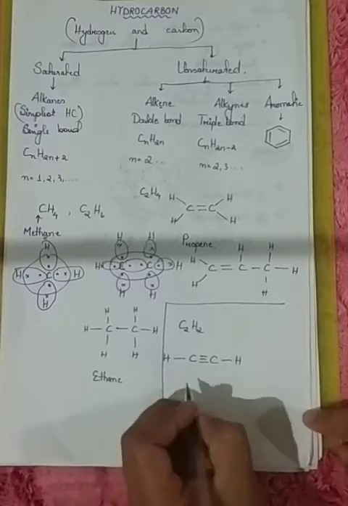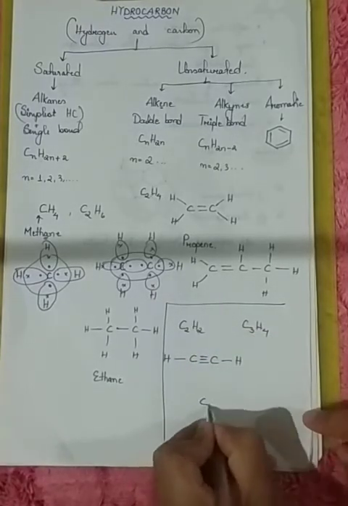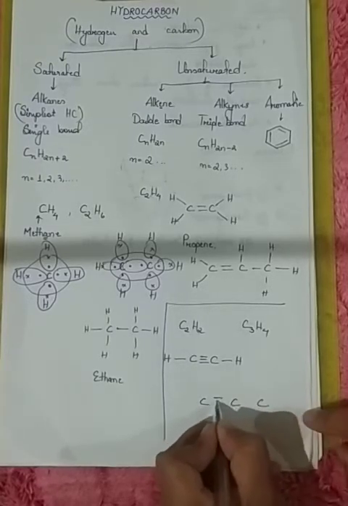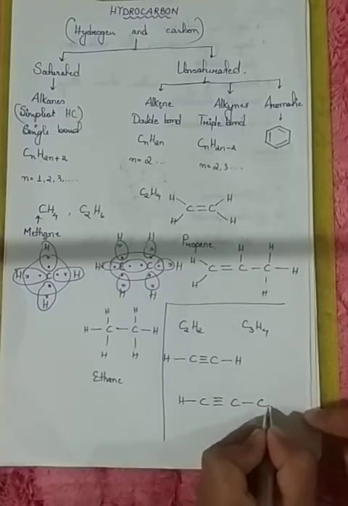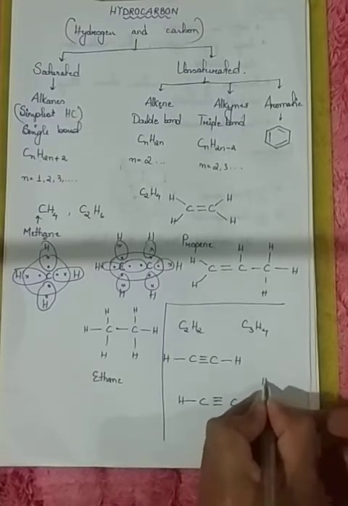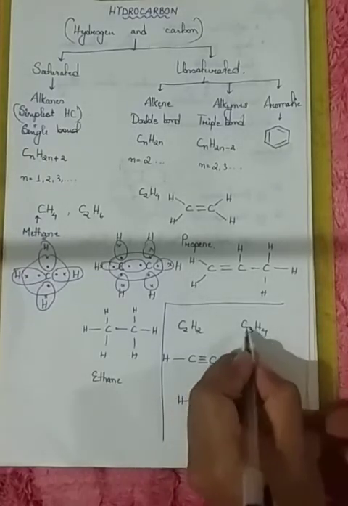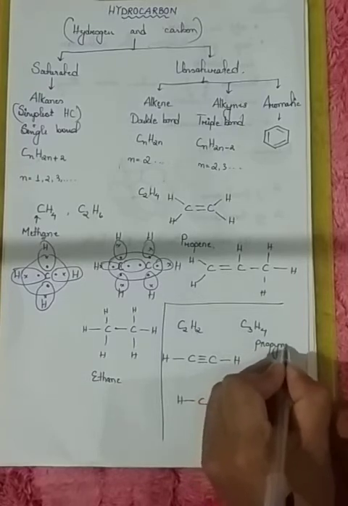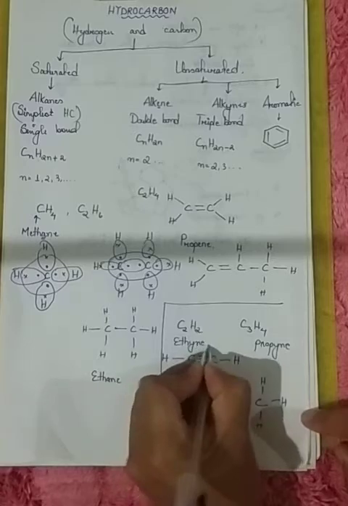We can even have C3H4 also. C3 means 3 carbons. This is our propyne molecule. The 3 carbon compound is known as propyne, and the 2 carbon compound is known as ethyne.